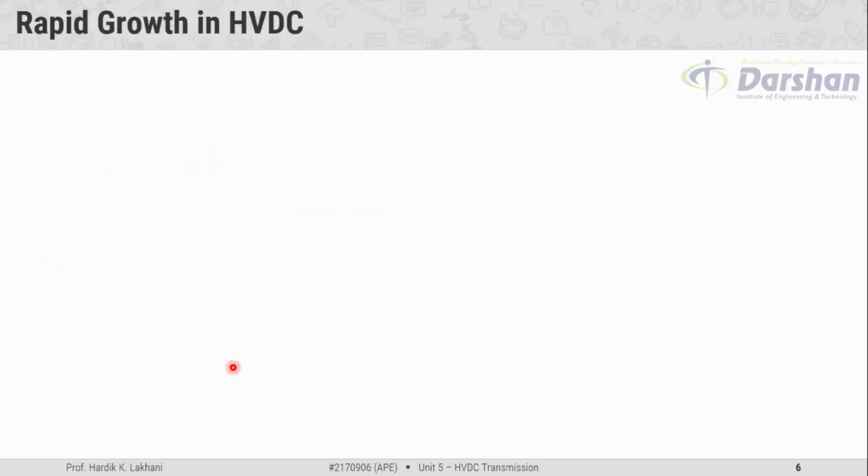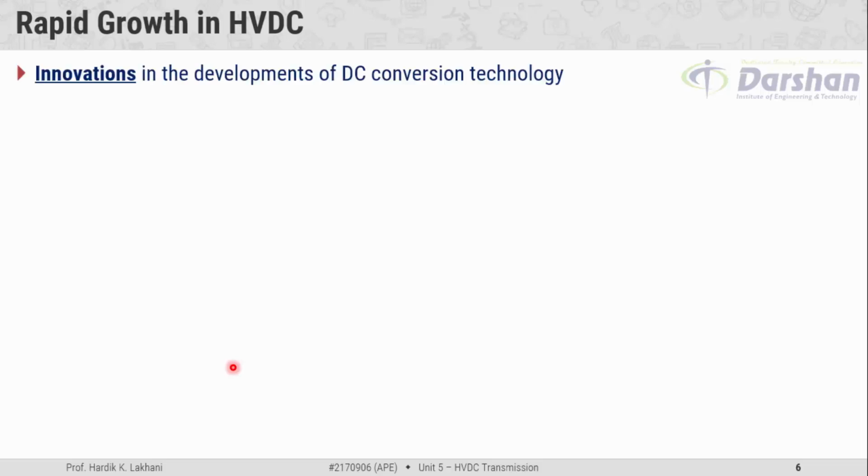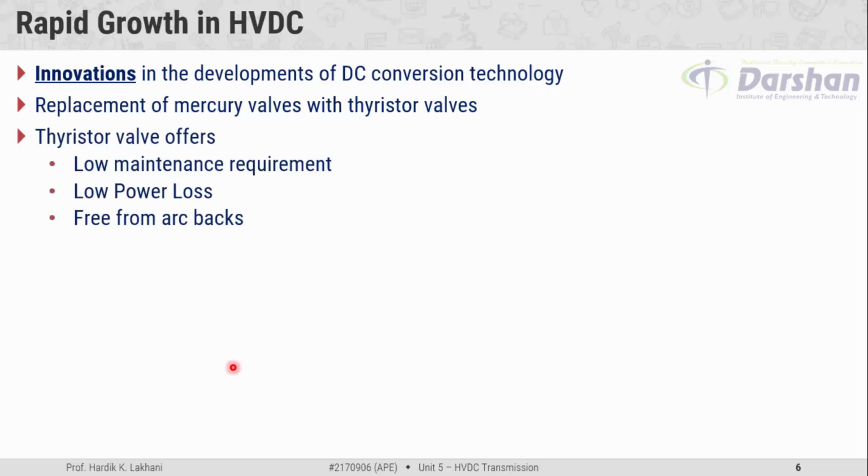Now let us understand the reasons behind rapid growth in HVDC. Innovations in developments of DC conversion technology: replacement of mercury valves with thyristor valves. Thyristor valves have replaced mercury valves in the rectification process, and these are the key features of thyristor valves. The first one is low maintenance requirement, second is power loss is very less, and the third one is that they are free from arc backs.